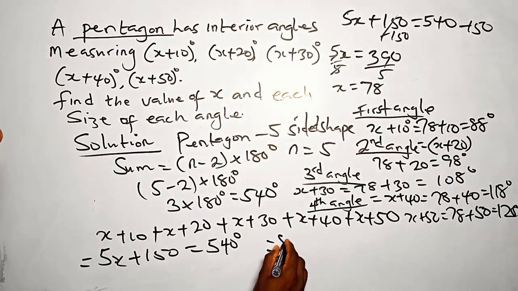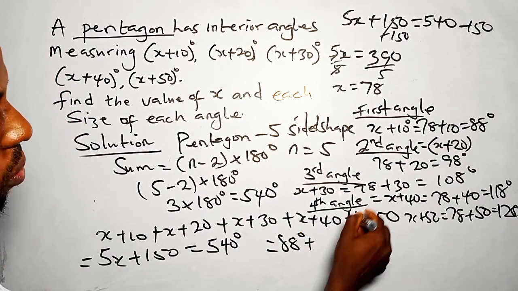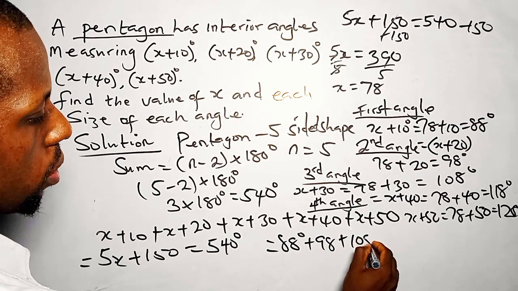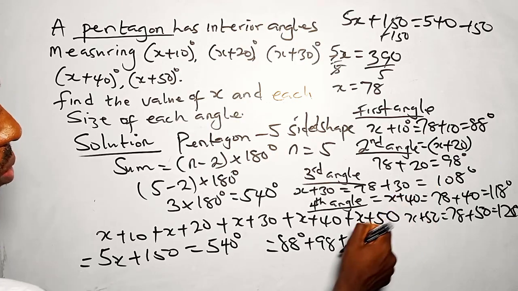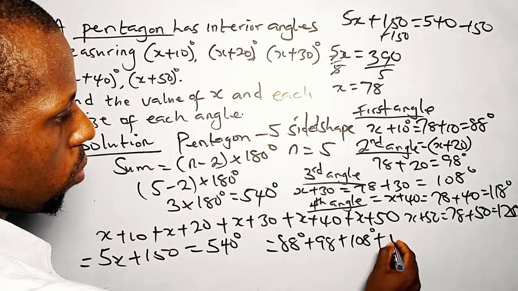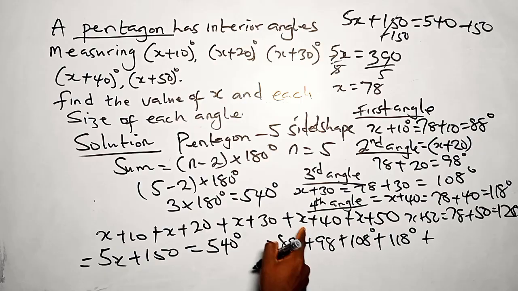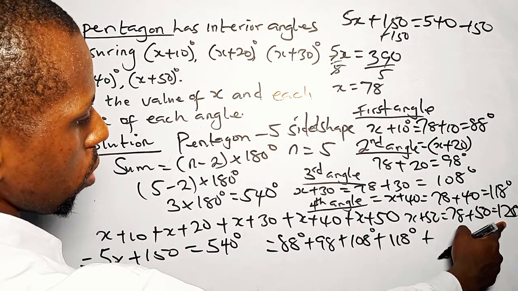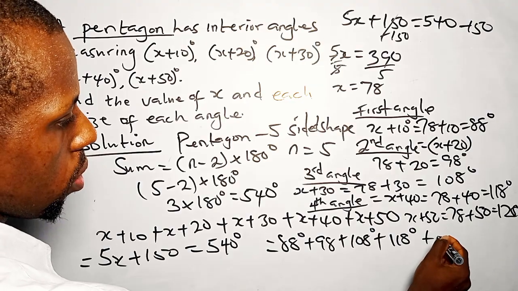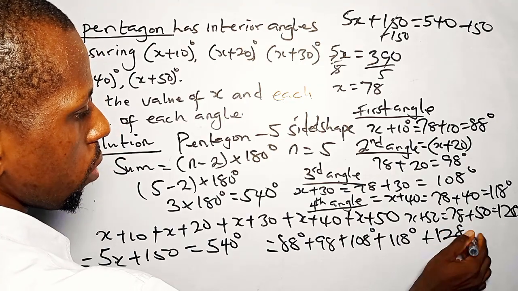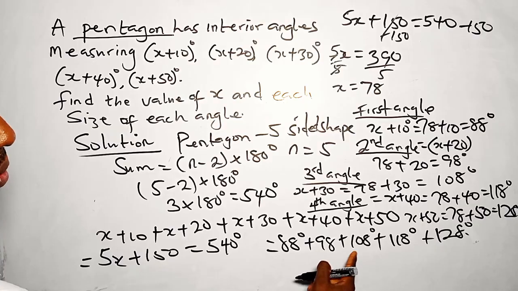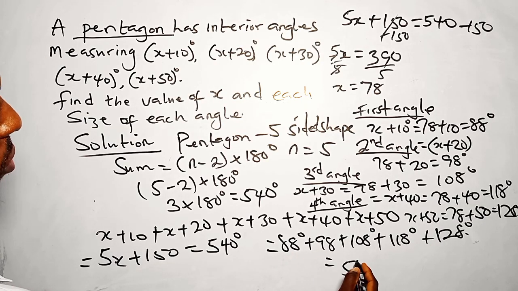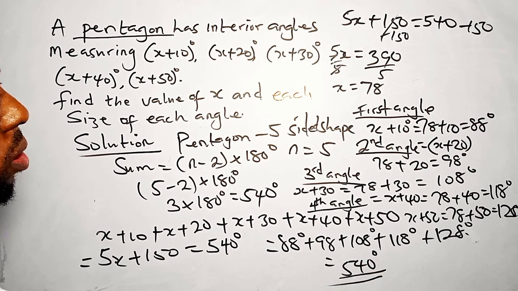We have 88 plus 98, the second angle, plus 108, the third one, plus 118 degrees, the fourth one, and when we add the fifth one, 128 degrees, by the time we sum up all these five angles, we are going to have 540 degrees.